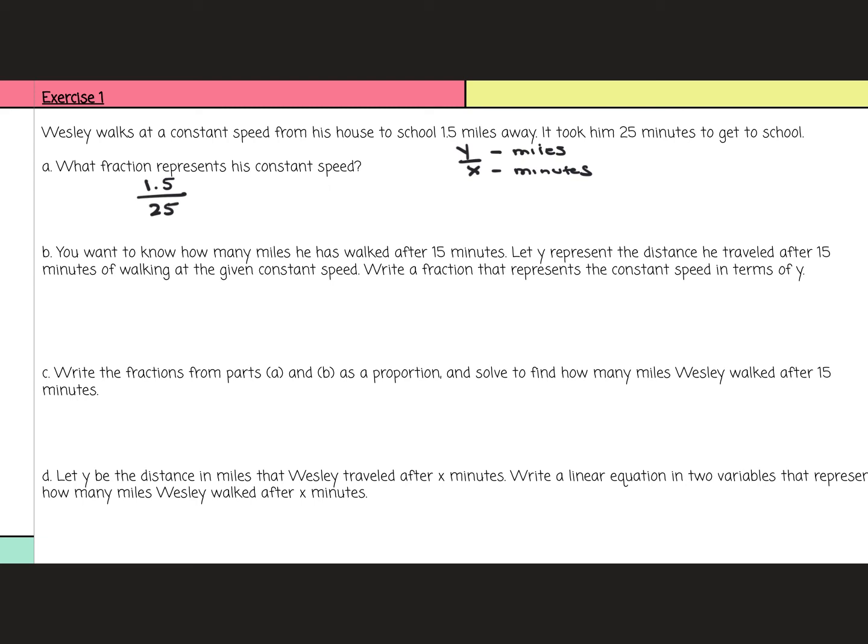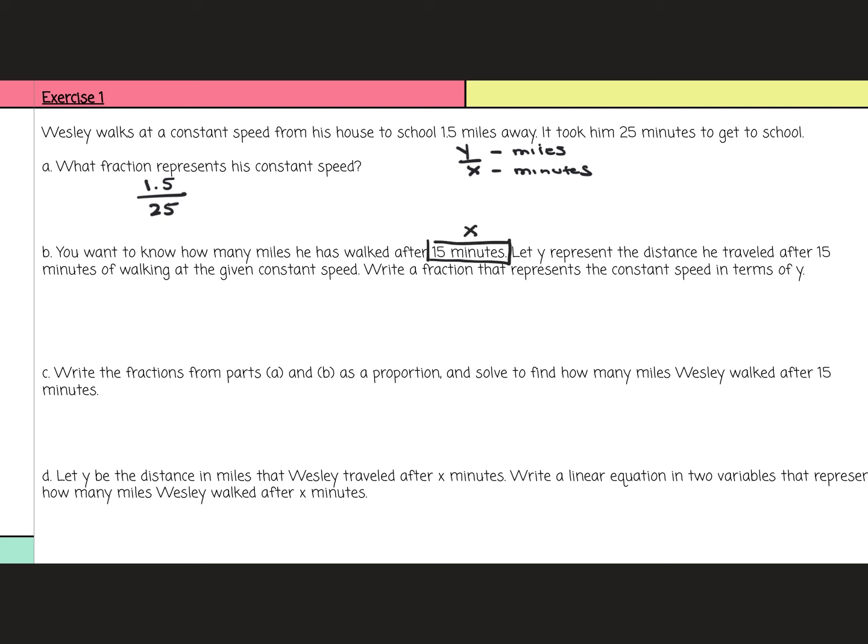All right, part B says, you want to know how many miles he has walked after 15 minutes. Let y represent the distance he's traveled after 15 minutes of walking at the given constant speed. Write a fraction that represents the constant speed in terms of y. We know after 15 minutes, that's going to be our time x.